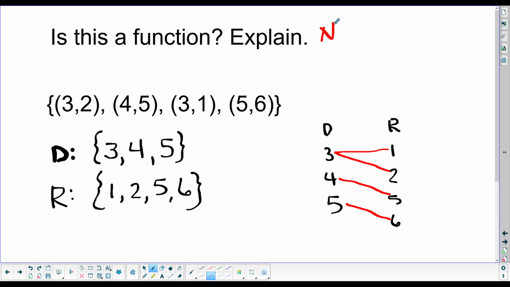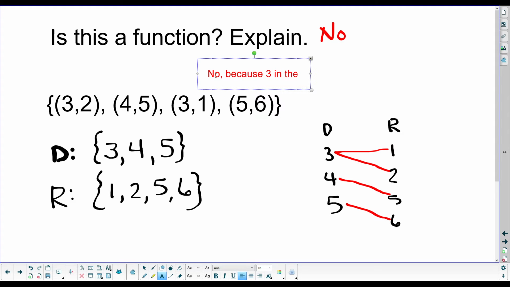So is this a function? No. Why? Because 3 in the domain goes to 2 and 1 in the range.